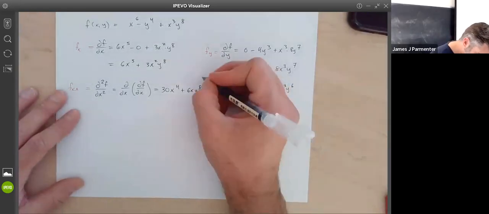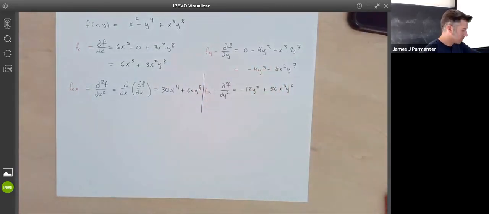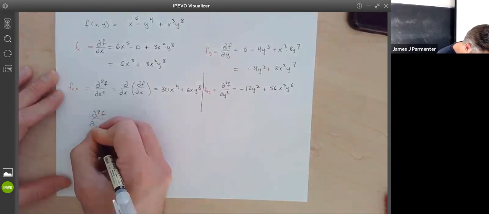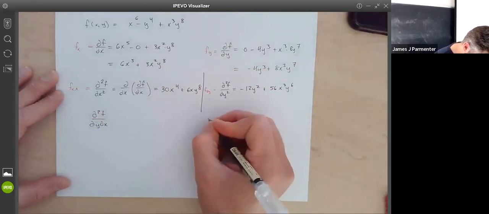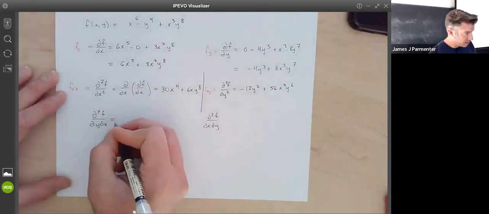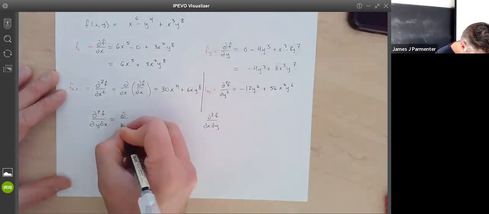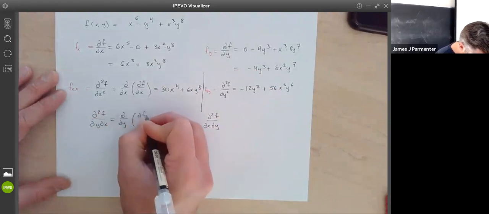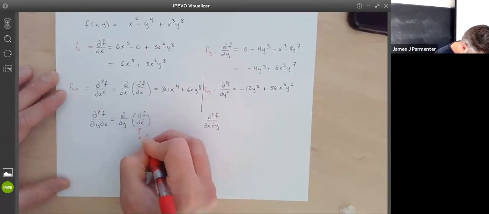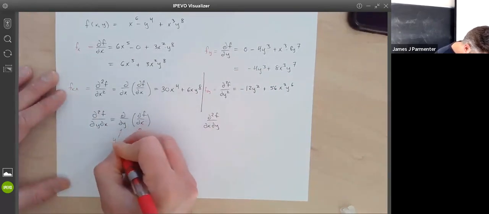Sorry, it's a little close there. All right. Last thing I want to say. There's two other second partial derivatives we like to talk about, which are the mixed partials. So they're del squared f del y del x and del squared f del x del y. This one says you do the derivative with respect to y of the derivative with respect to x, meaning you do x first, y second.